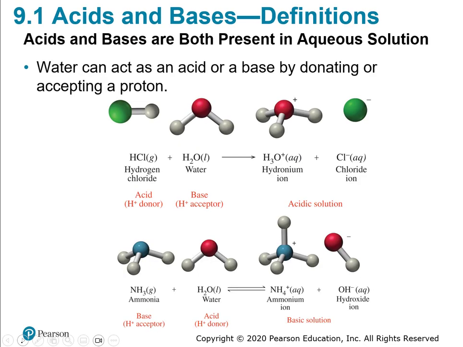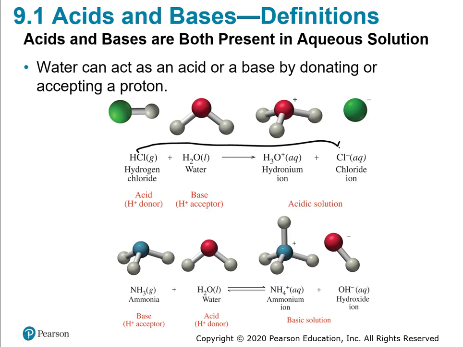So let's look at that a little closer so you can see it a little better in these examples. In this top one, hydrogen chloride, or hydrochloric acid, plus water. They just called it hydrogen chloride so you wouldn't know it was an acid. So hydrochloric acid in water. Do you see that the HCl loses its hydrogen? This is kind of like what you had to look at when looking at oxidation and reduction, so you're sort of doing a comparison.